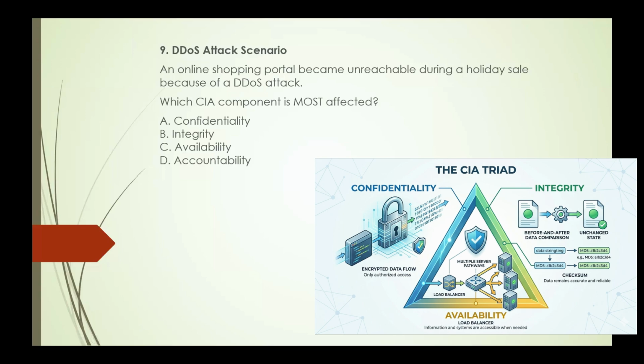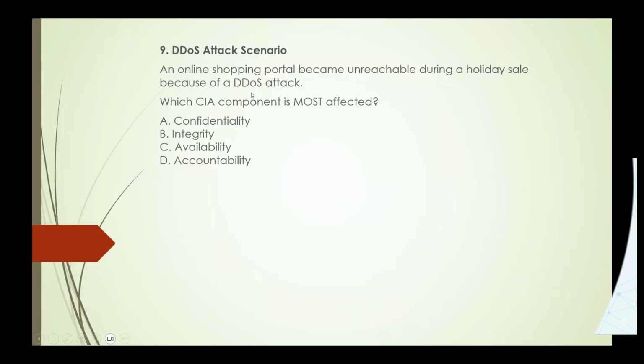Because users cannot access the website, it is talking about availability, where the answer is option C. The service becomes unavailable during this attack because of some intentional activity. So that is an availability mishap.